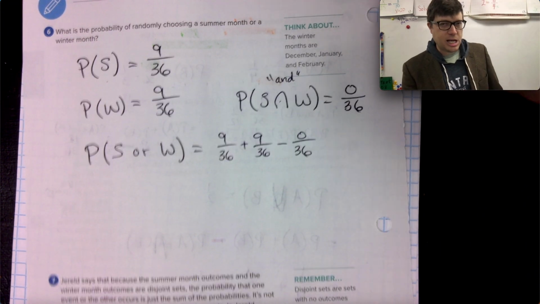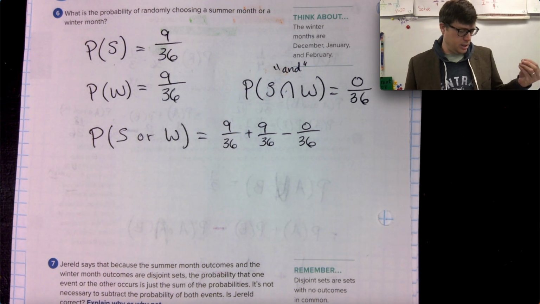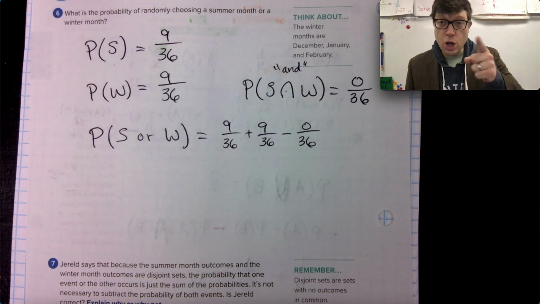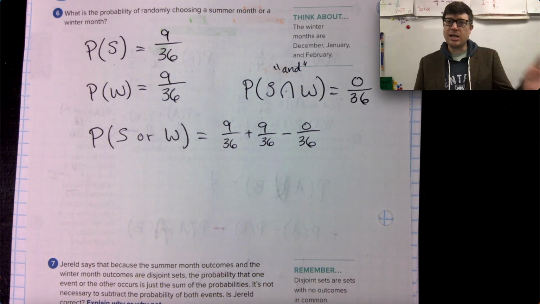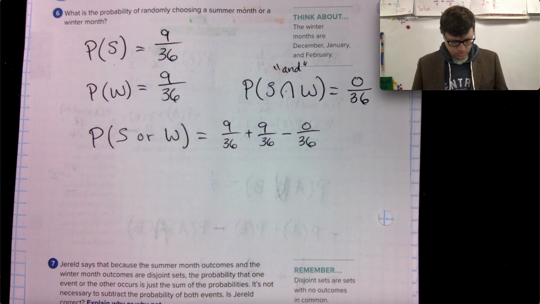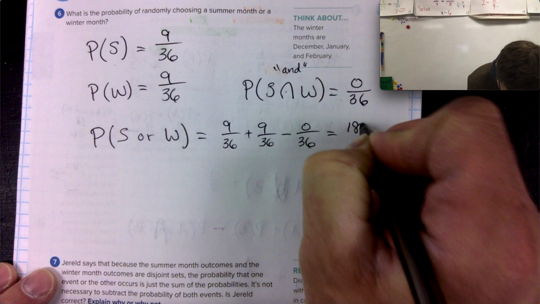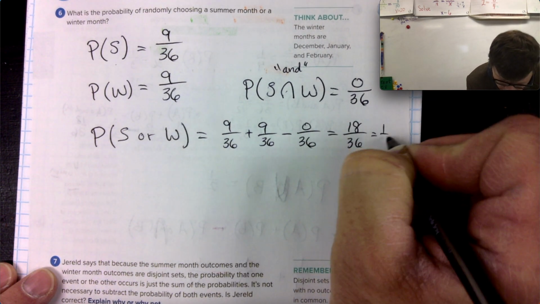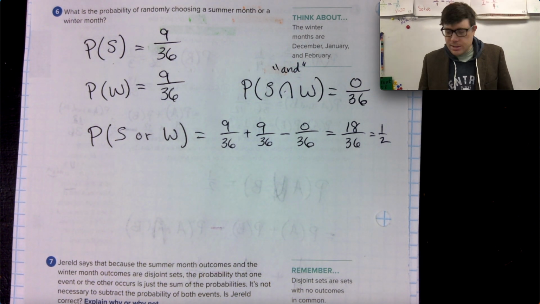We always have to take away the intersection, but if there actually mathematically, numerically, is no intersection, statistically, probabilistically, then we're taking away 0. 9 plus 9, divide by 36. And that is 1/2. Half of the numbers. And that should make sense. Half of your days are summer days.